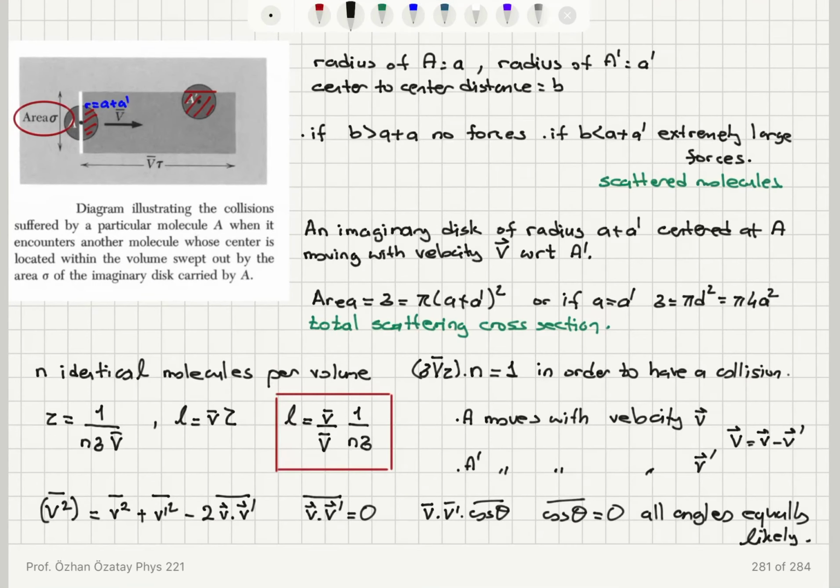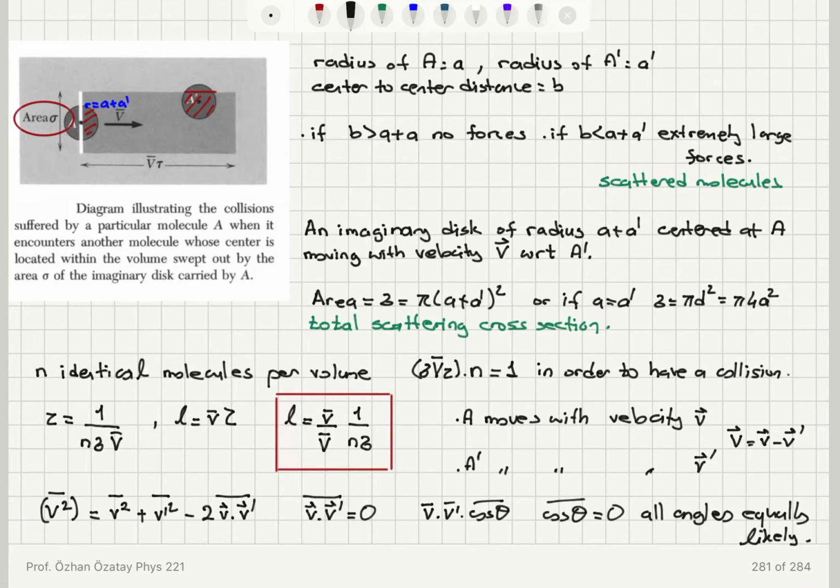If you have two molecules that are going to collide, one has radius a, the other one has radius a prime. If the center to center distance is less than a plus a prime, then we have a scattering between these molecules. If it's greater, no scattering.